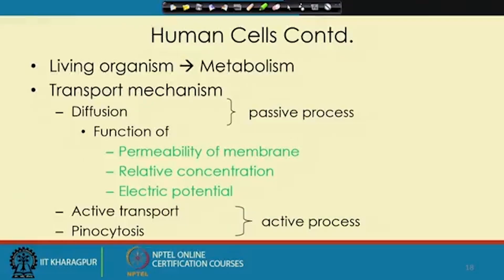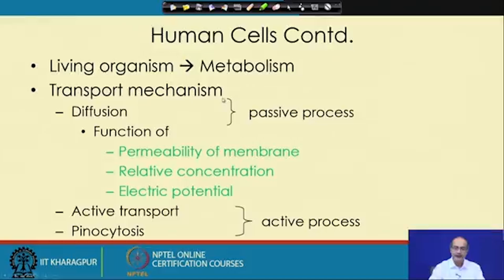So, we need a transport mechanism for that, and this transportation of different things is happening, for the most part, through diffusion, and it is a passive process. The first thing we should note is that diffusion is a passive process, and how it works.